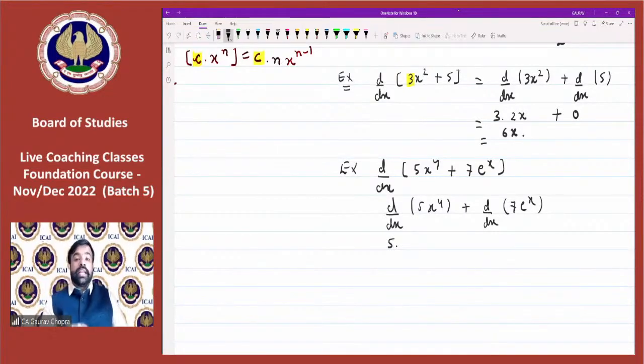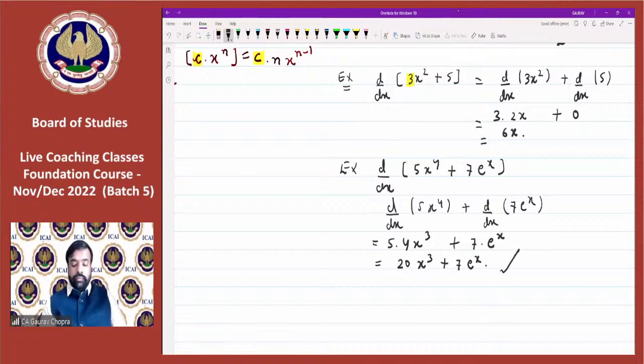Now the derivative of x to the power of 4 will become 4x cubed, plus 7e to the power of x. 7 is multiplying with the variable, so 7 will remain as it is, and the derivative of e to the power of x will be the same. So the final result is 20x to the power of 3 plus 7e to the power of x. So this is the final result.